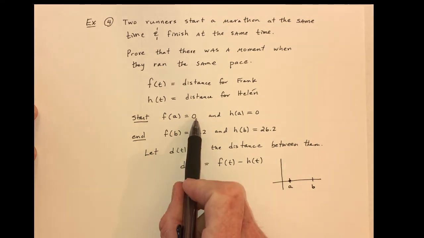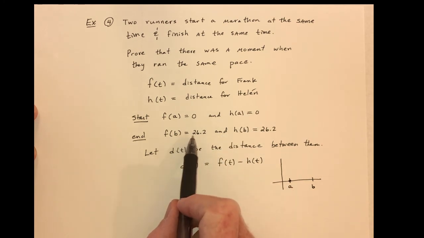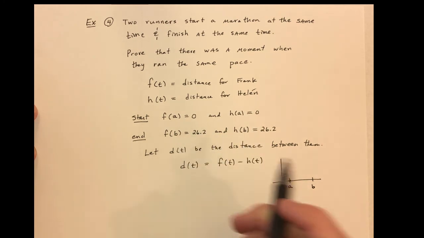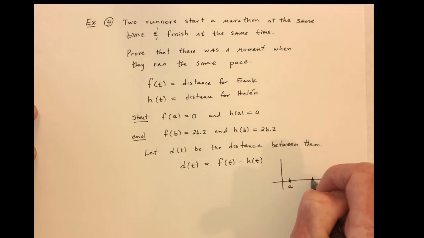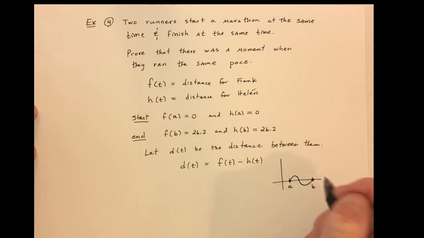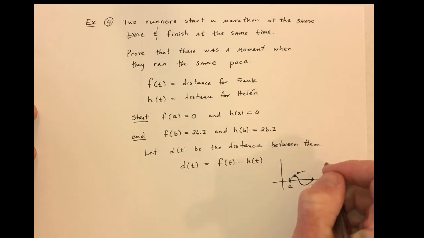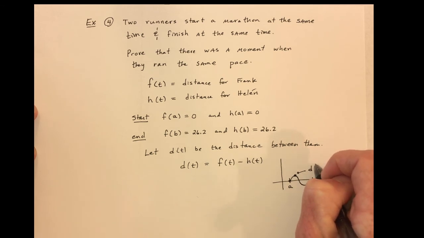So that's subtract these 2, the distance between them is 0. Then at time B, subtract these 2, and that's the distance between them, which means the distance between them is 0, which, like all the other ones, means there's a continuous function. And that means that there's going to be a point right here where the derivative equals 0.